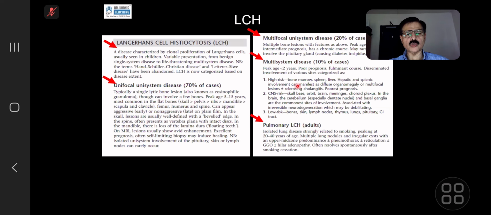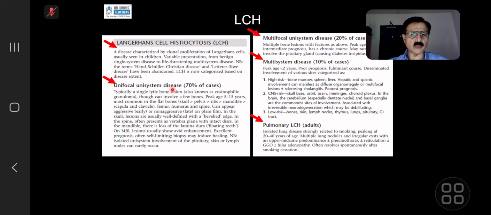And you should know which systems will be involved: CNS, marrow, spleen, liver, skull base, brain, etc. I teach it in CNS quite a lot. I don't have time to show you CNS today, but that is why it is very important. Coming back to this one, unifocal unisystem. What does it mean?